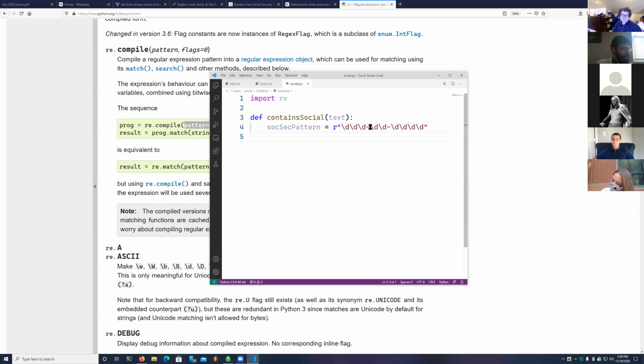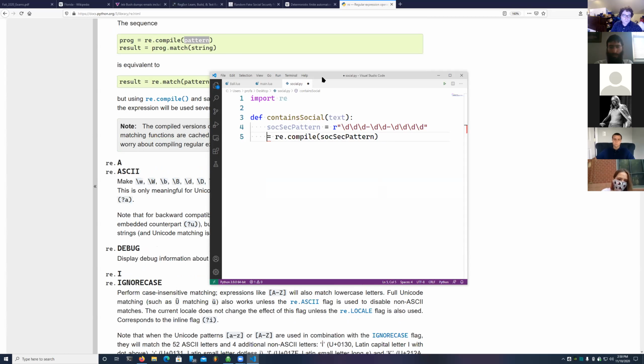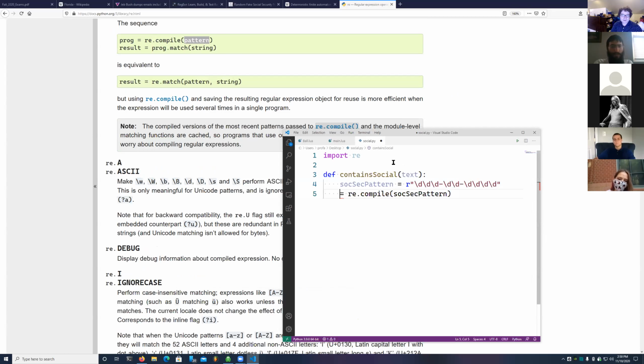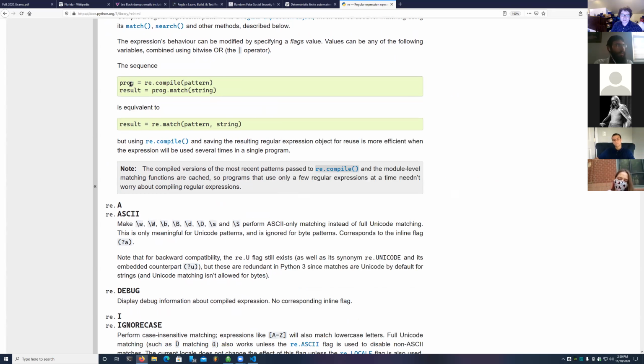Okay. So now we do that. We'll compile it, re.compile, the pattern. Notice it says you can do it like this, or you can do it like this.